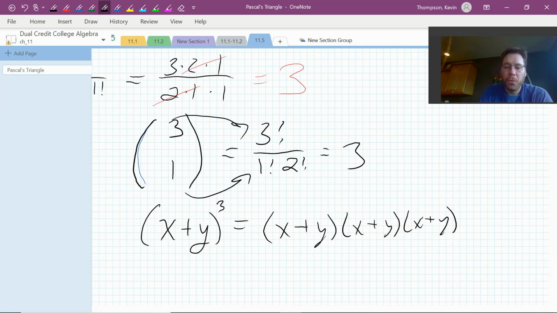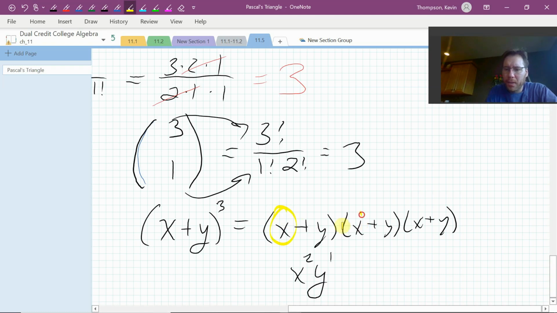If I'm looking for the x squared y term, aren't I taking those three terms and choosing two of them to give me an x and then choosing one of them to give me a y? Isn't that what we were saying?